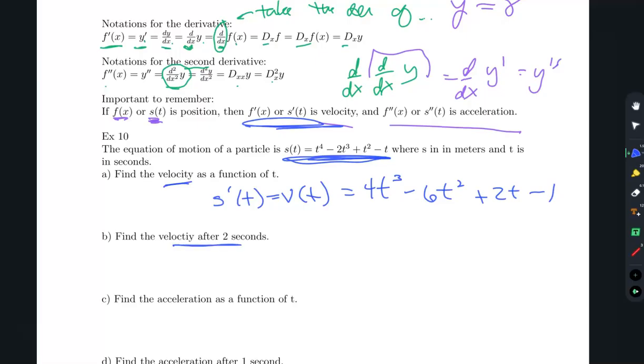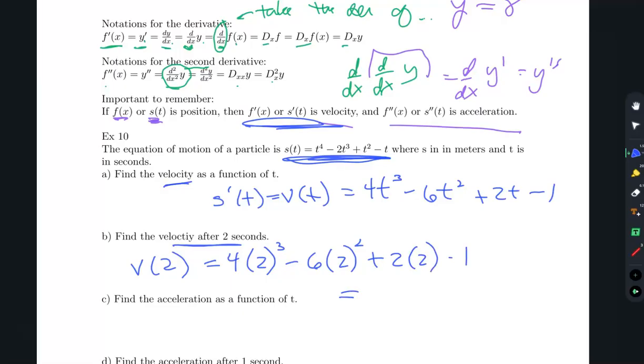Oh, find the velocity after 2 seconds? Okay, so that means you're going to put in t equals 2. So I get 4 times 2 cubed minus 6 times 2 squared plus 2 times 2 minus 1. So figuring out this number, I get 4 times 8 minus 6 times 4 plus 4 minus 1.